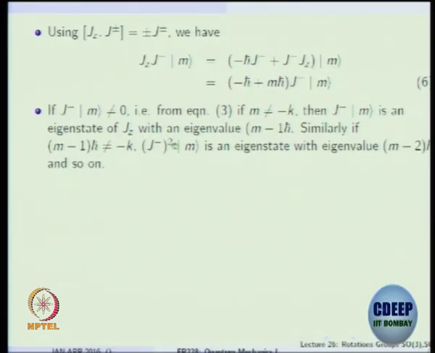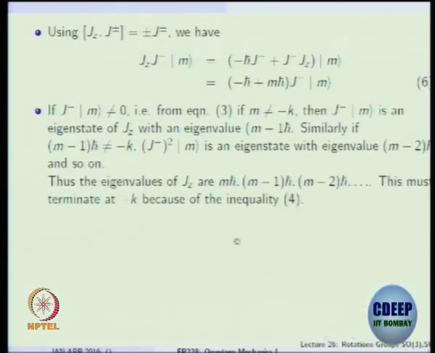How many times? It should not go below minus k. That dictates how many times you can do this, and you get the eigenvalues of Jz. You can fix them to be m h cross, m minus 1 h cross, m minus 2 h cross, and it should terminate at minus k.